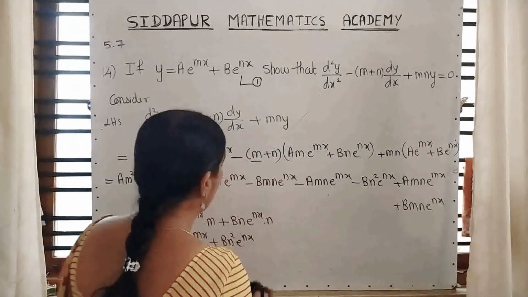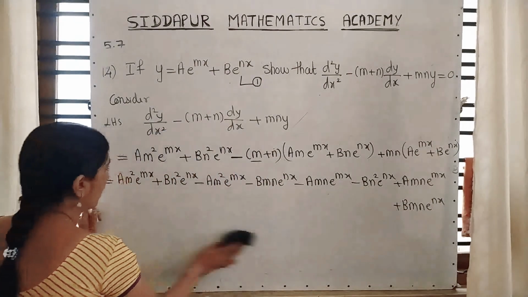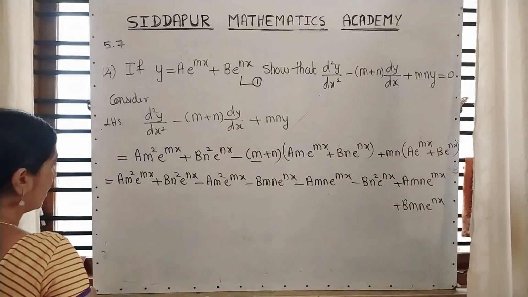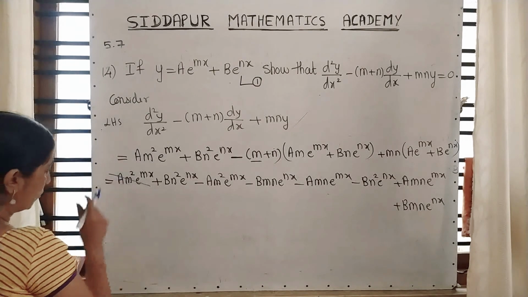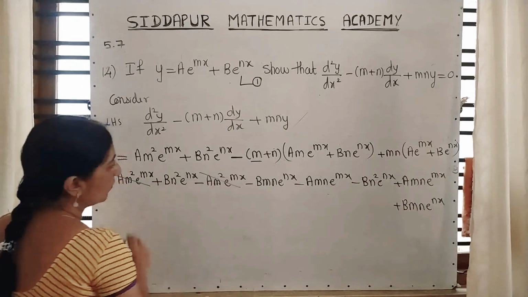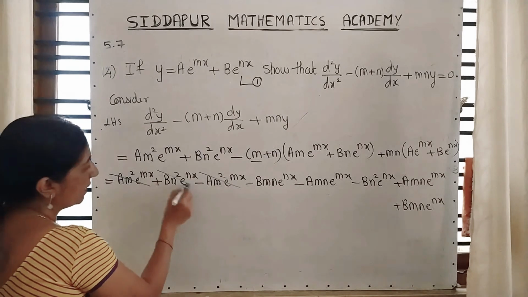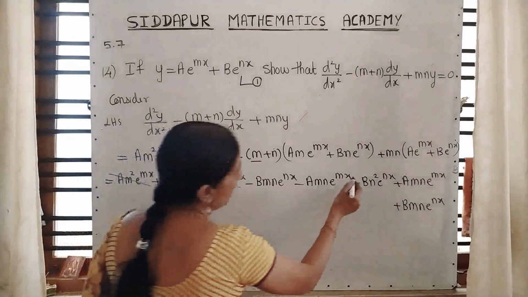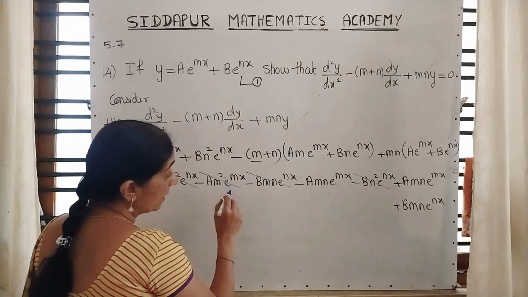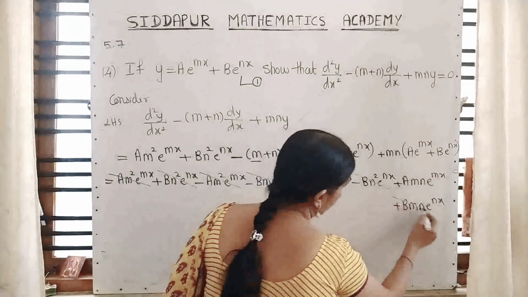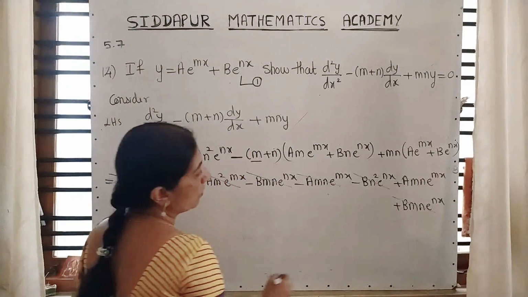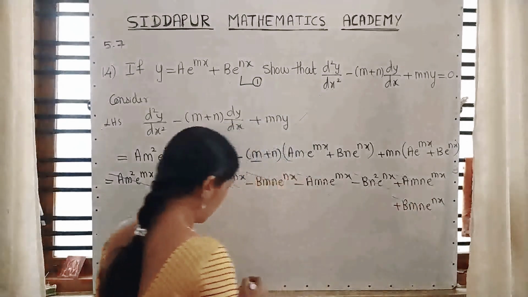Now see, any cancellation is there? Yes. The cancellation is am square e raised to mx minus am square e raised to mx, bn square e raised to nx minus bn square e raised to nx, minus bmn e raised to nx plus bmn e raised to nx, minus amn e raised to mx plus amn e raised to mx.